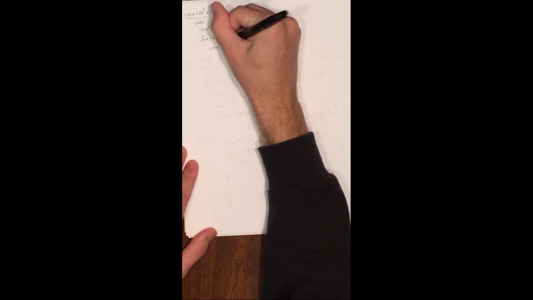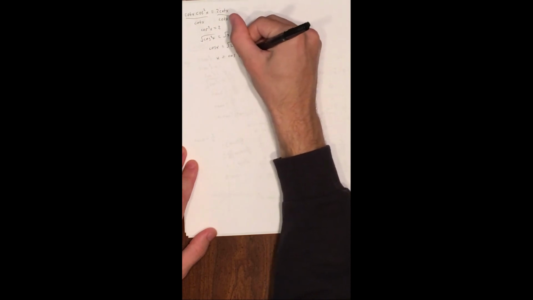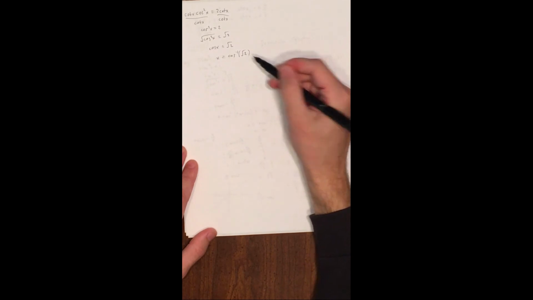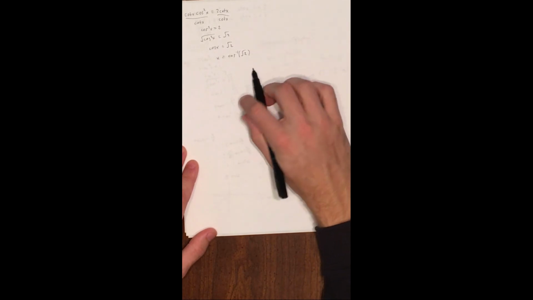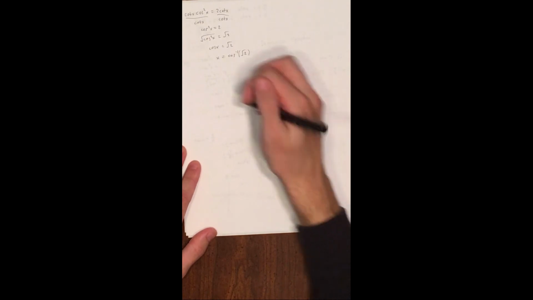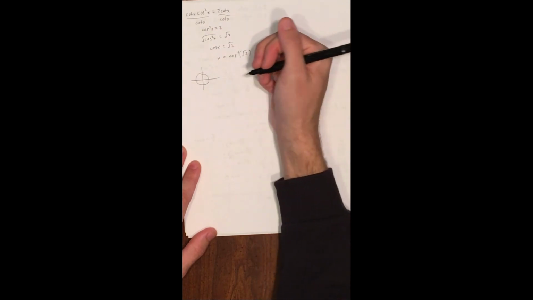So we're trying to find, well, when is it that for x, let me say this differently. For what angle does it correspond to an x value of the square root of 2 on our unit circle?